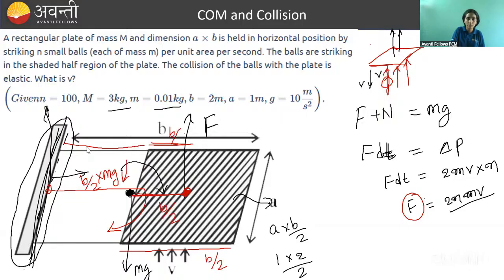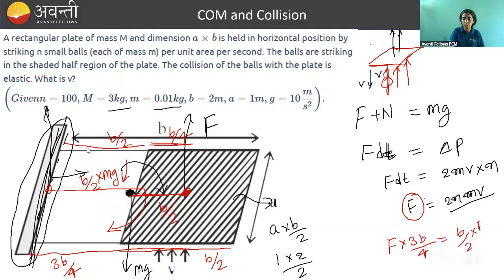So the total distance from here to here is B by 2 plus B by 4, which is 3B by 4. So the torque will be F into 3B by 4. Here you write F into 3B by 4 should be equal to B by 2 into mg.